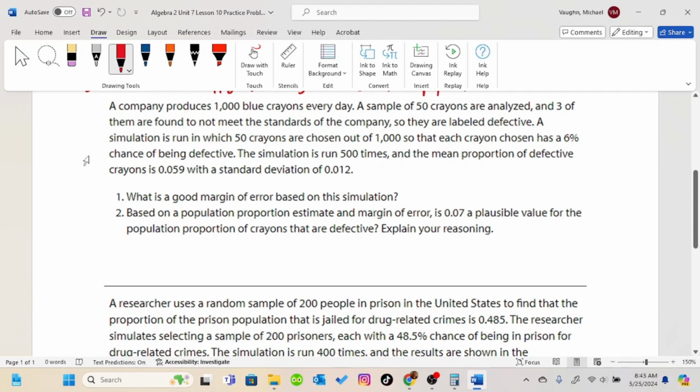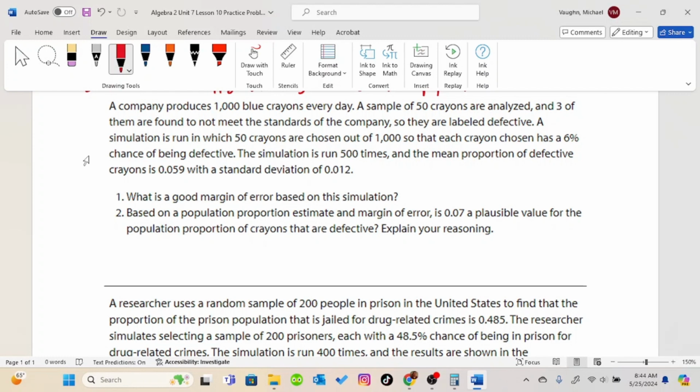A company produces 1,000 blue crayons every day. A sample of 50 crayons are analyzed, and 3 of them are found to not meet the standards of the company, so they are labeled defective. A simulation is run in which 50 crayons are chosen out of 1,000 so that each crayon chosen has a 6% chance of being defective.